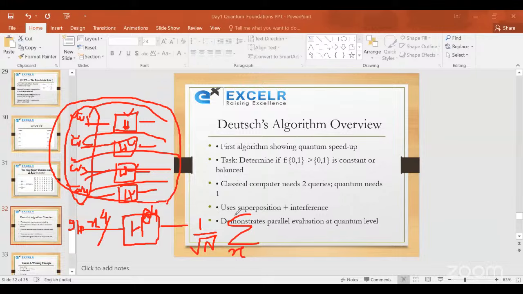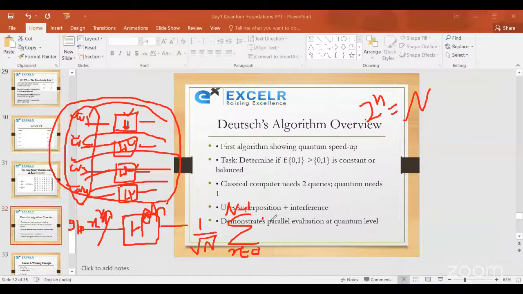The limit is from 0 to, if we are taking 4, that means in a generalized manner, if we take n, x is equal to 0 to n minus 1. So if there are n inputs, then 2 to the power n will be the total number of inputs and states, right? So 0 to n minus 1.